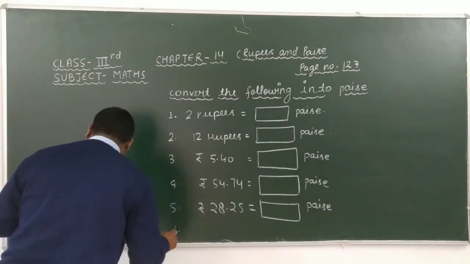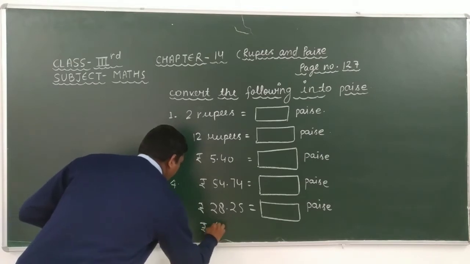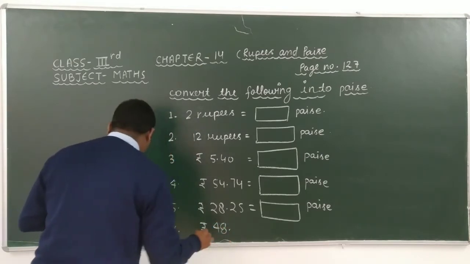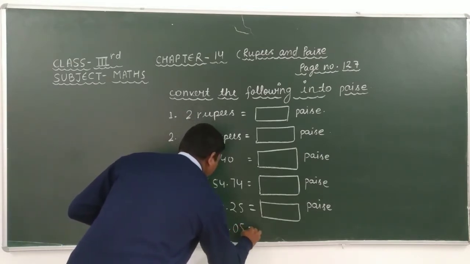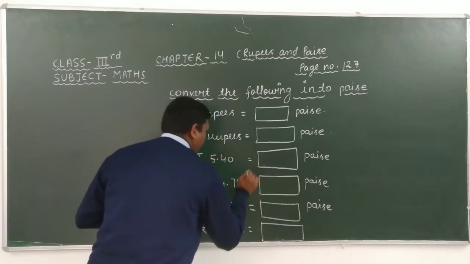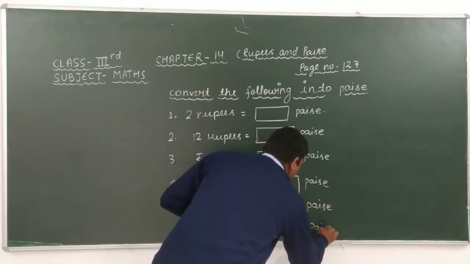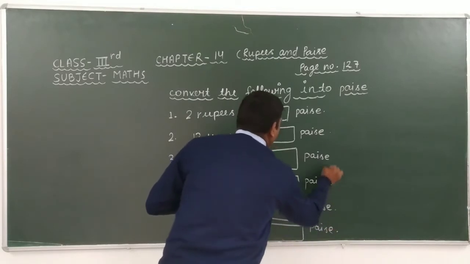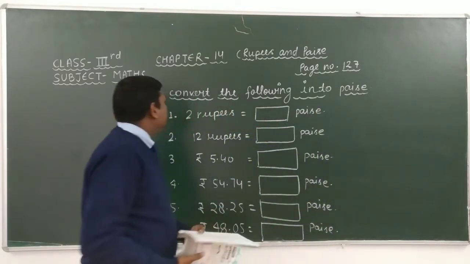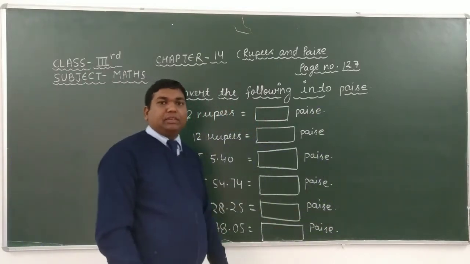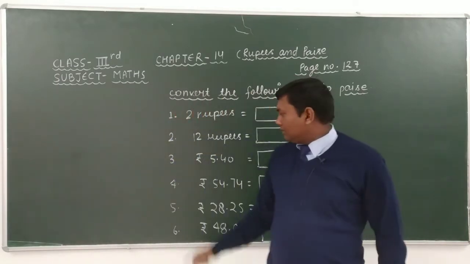And question number 6 is: rupees 48.05 is equal to a box, and here paise.